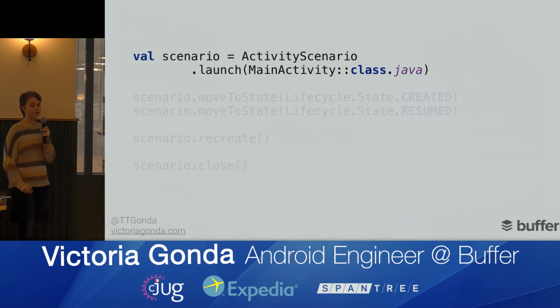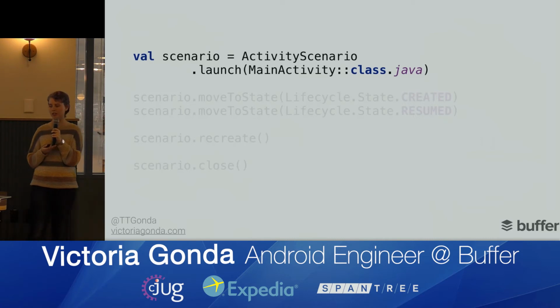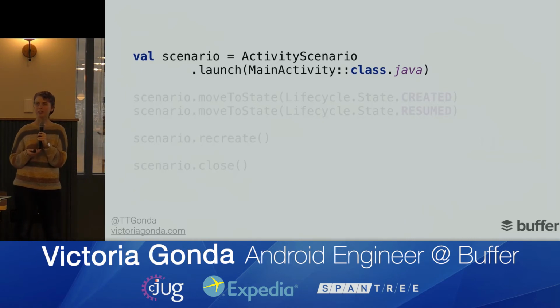And the scenario handles more than just the launching of your activity, but it also handles some synchronization with the system and provides support for lots of things such as scenarios around your activity's lifecycle. To start playing with this, when you launch the activity, you can keep a reference to the scenario.